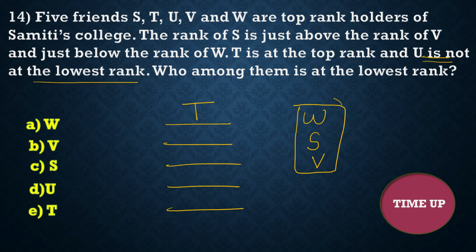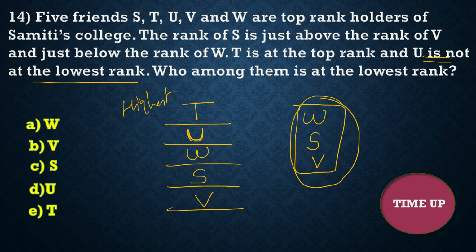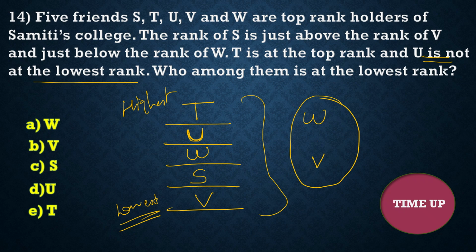So if this is the arrangement, where can I place T? Here. And U will be here, because they have said that U is not at the lowest rank. This is the highest rank and this is the lowest rank. So at the lowest rank, U cannot be placed as mentioned in the question. Correct? So this will be the arrangement after solving the question.